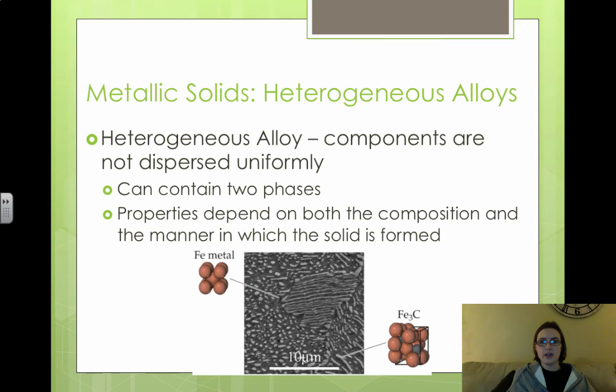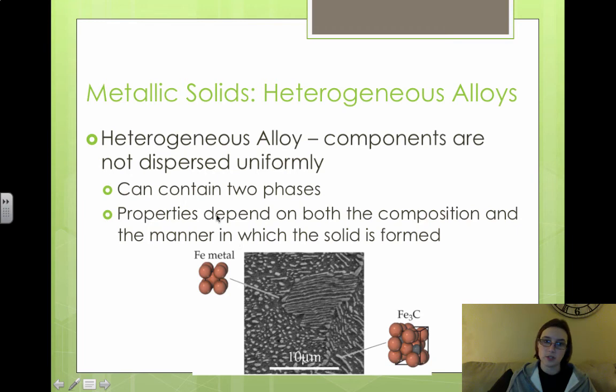The next type of alloy we have are the heterogeneous alloys. So unlike substitutional and interstitial, heterogeneous alloys are heterogeneous mixtures. So they are not uniformly distributed. Typically it can contain 2 phases. This doesn't necessarily mean solid, liquid, gas. What this can mean is we have iron metal and then we also have an iron compound.